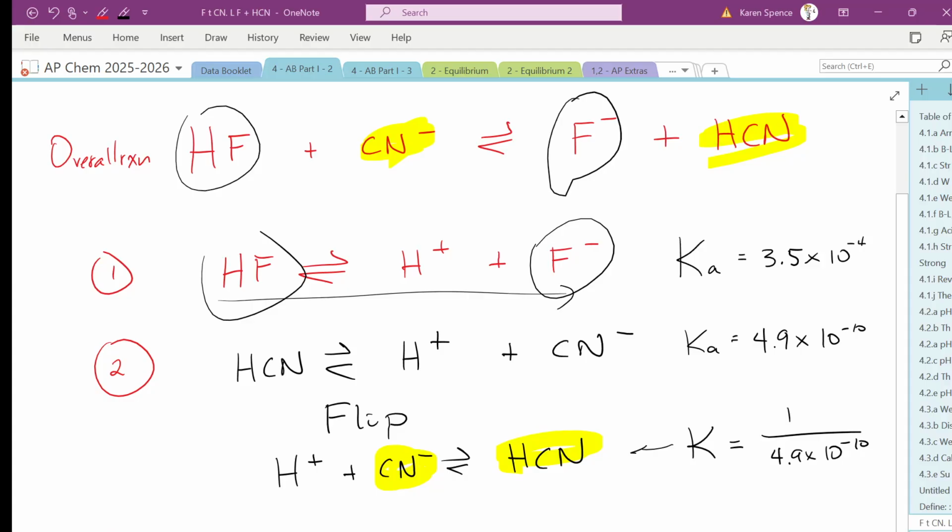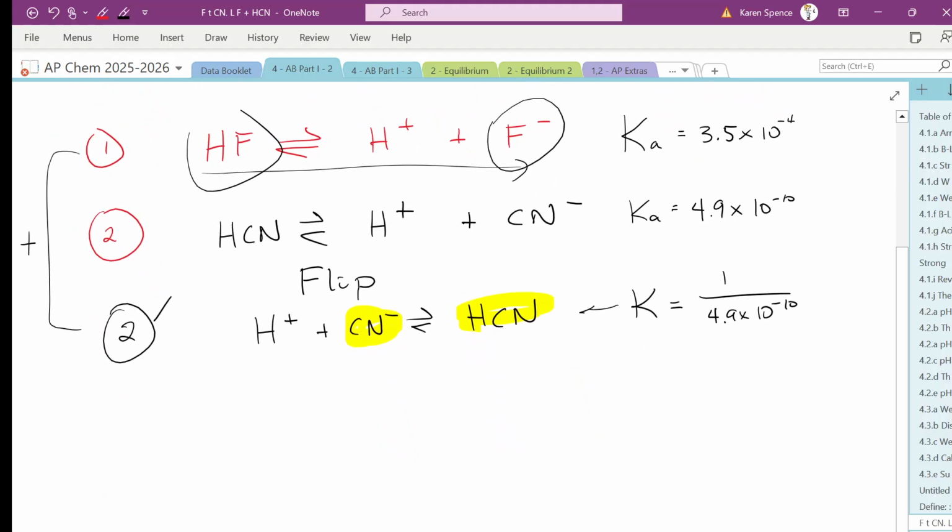Let's call this one 2 prime, because we've now manipulated it, yes? So we're going to add reaction 1 with reaction 2 flipped. I'm going to rewrite them so it doesn't look as confusing.